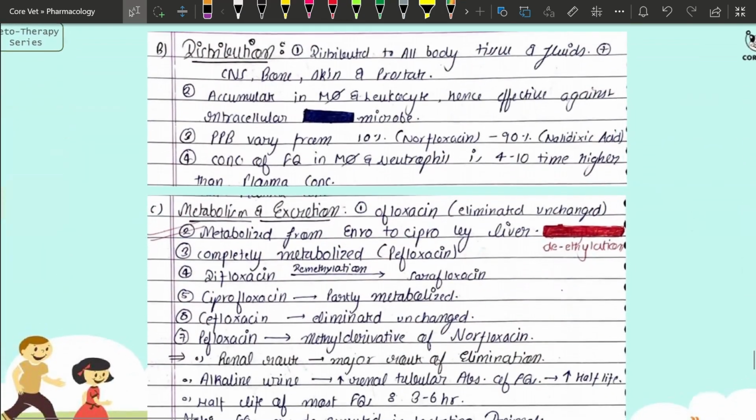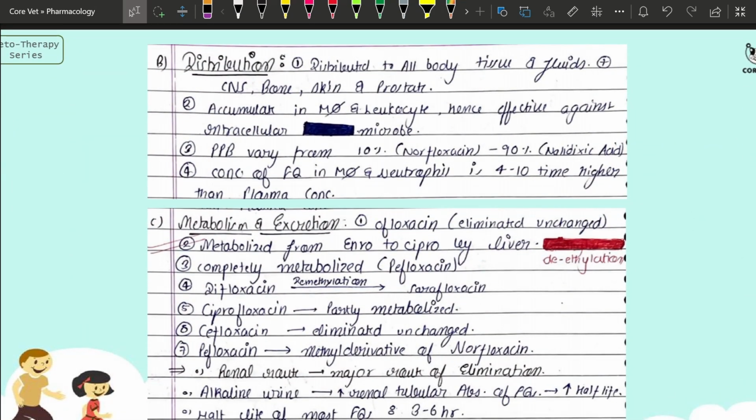Talking about the distribution, it is distributed through all the tissues and the body fluids, also in the CNS, bones, skin, and the prostate gland, right? And there is also an accumulation likewise that is in the macrolides. They do accumulate in the macrophages and the leukocytes and are highly effective against the intracellular microbes.